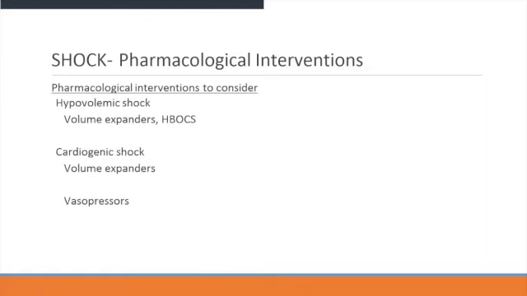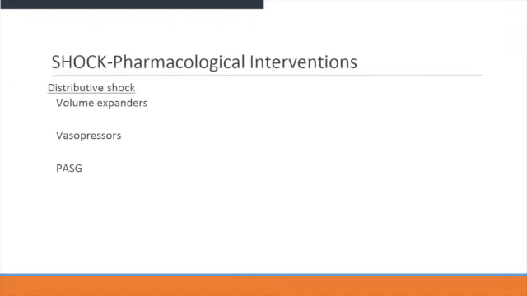All right, so pharmacological interventions to consider. For hypovolemic shock, you want volume expanders and HBOCs or OCSs. Cardiogenic shock, you want a volume expander with some vasopressor.